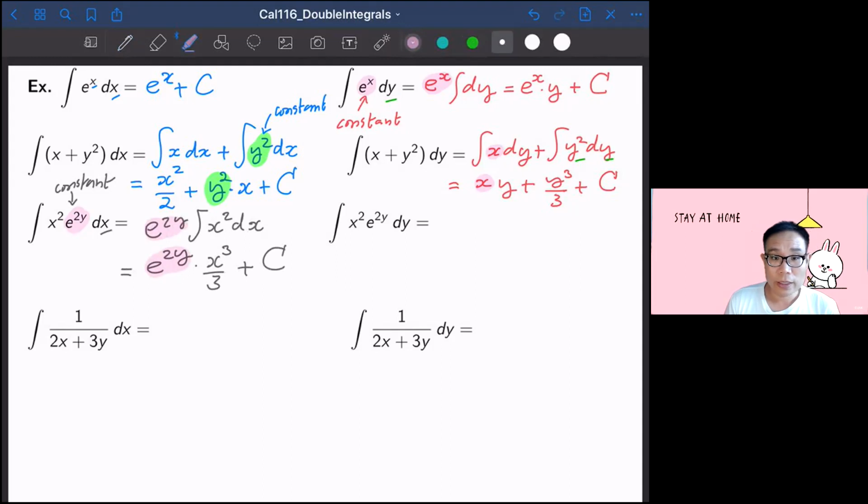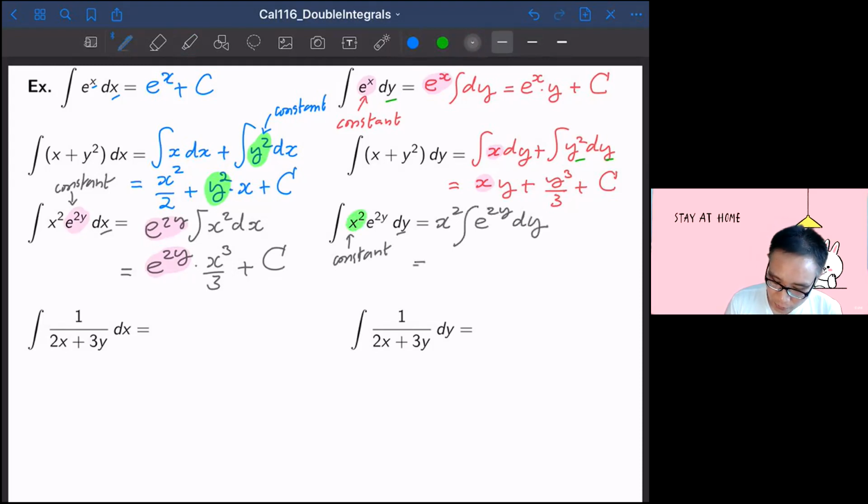Okay, this one is just using the constant multiple. And the next one, the opposite turns out to be y, so you are having dy. The x squared turns out to be constant, so you just have x squared times the integral of e to the 2y dy.